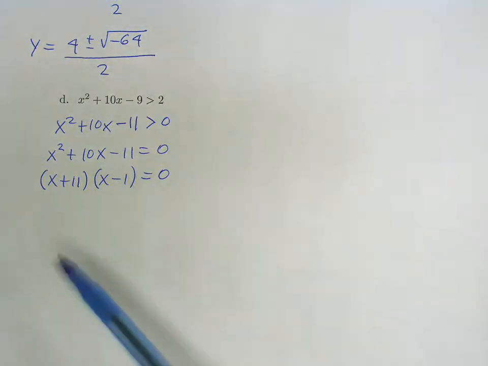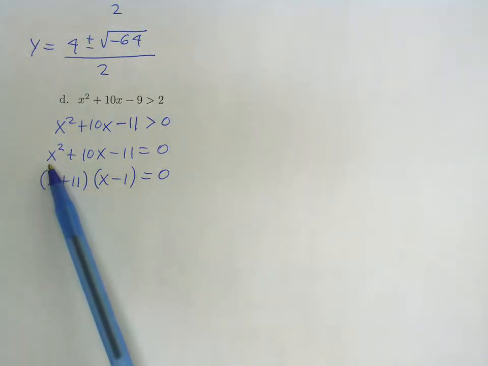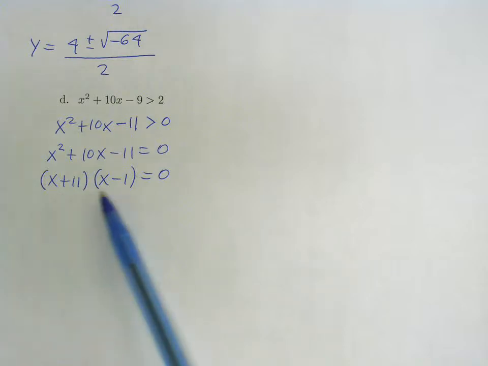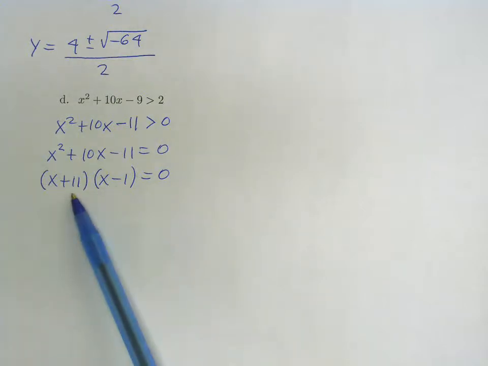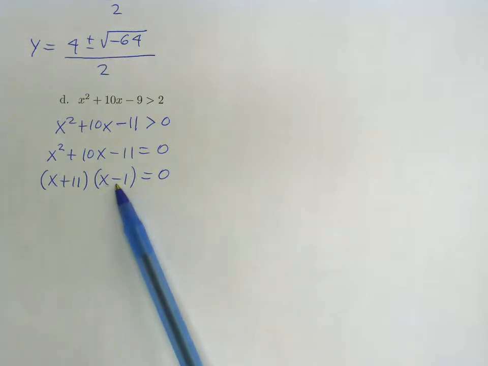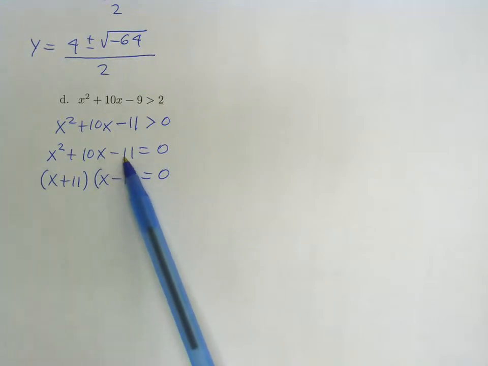And when the coefficient of the trinomial is 1, it's easy to verify that the factors are correct. You can multiply positive 11 times negative 1. That should equal negative 11, as indicated here.